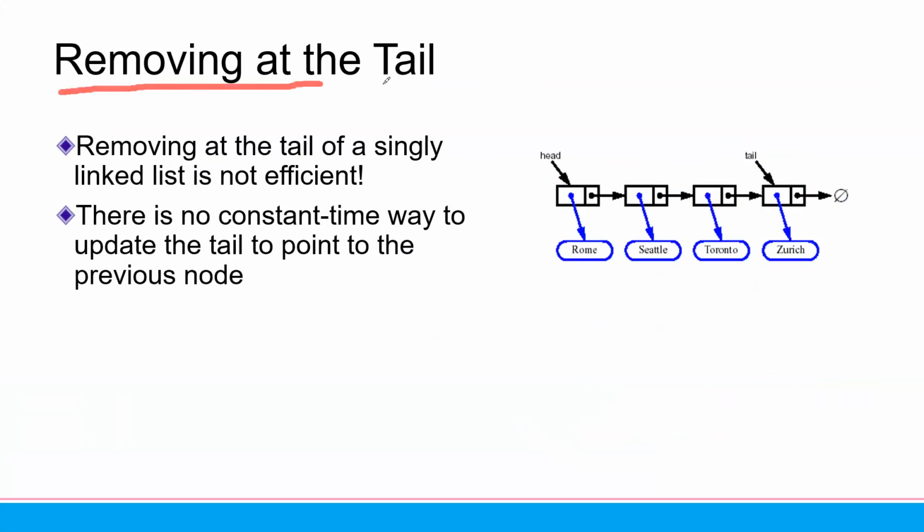How if we want to remove at the tail? If we want to remove at the tail, it means we want to remove the last node.